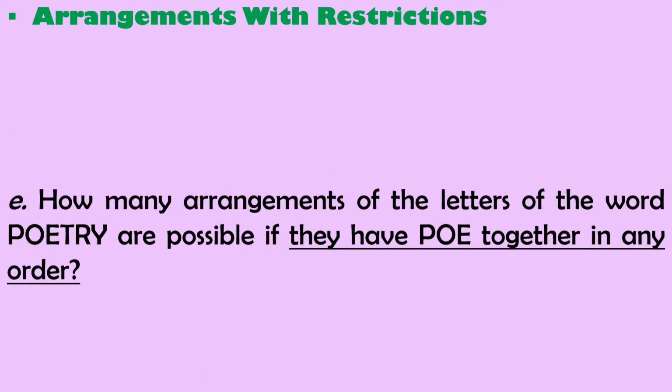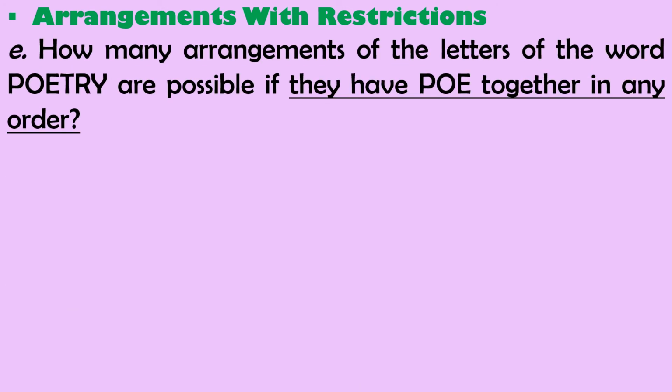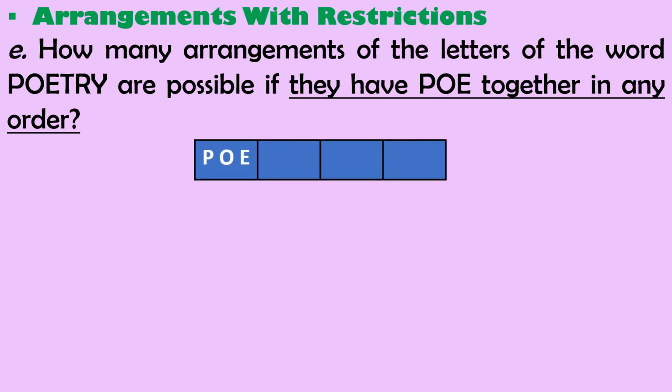Example letter E. How many arrangements of the letters of the word poetry are possible if they have POE together in any order? So first, I have here an illustration. You can see here that we can only have 1, 2, 3, 4 rows because I write the letters POE together in one row. And you can also see here the words in any order.